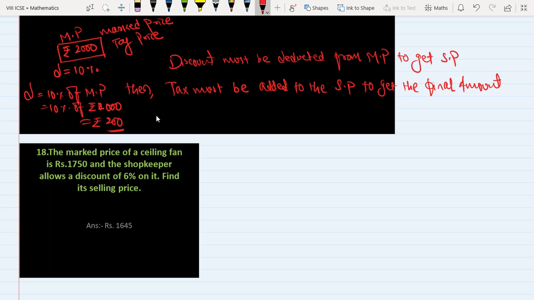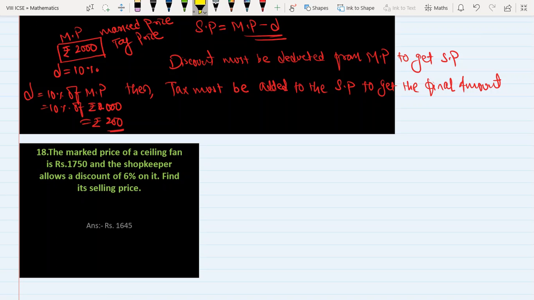Now if you want to find the selling price, it is equal to marked price minus discount. This is not a formula as such, it is a concept: to get the selling price, you have to subtract the discount from the marked price.